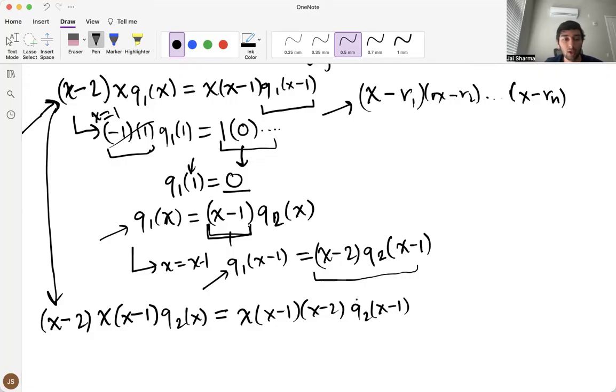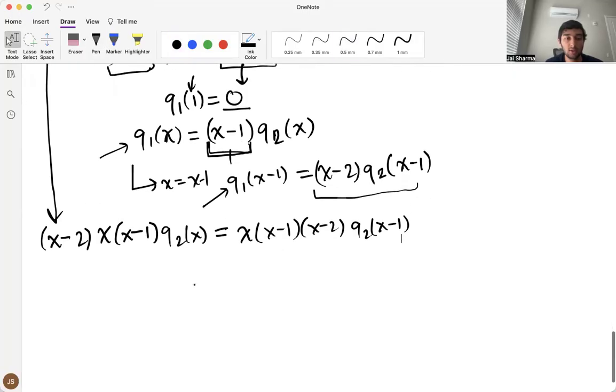Okay, cool. So we see that we have a lot of terms here that are the same. On both sides, we have an x. On both sides, we have an x minus 1. On both sides, we have an x minus 2. Now, we can't cancel these on both sides unless we know that x is not equal to any of 0, 1, or 2, right? If x is equal to 0, then we have 0 equals 0, and we can't cancel that. That's not a legal thing to do in algebra, right?